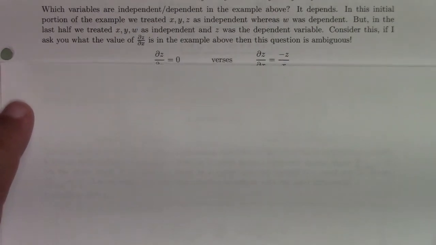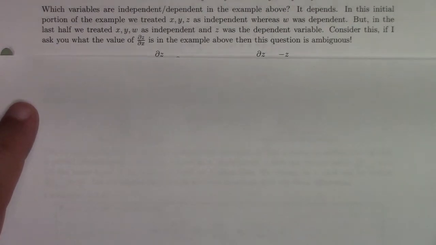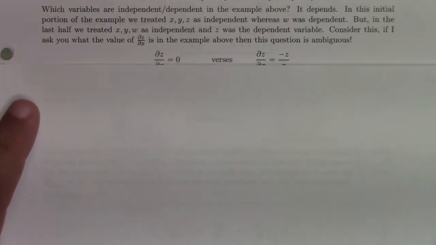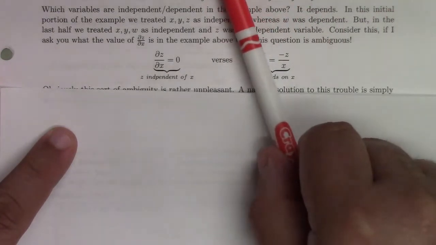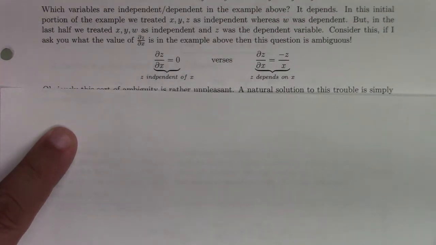So check this out. If we ask what is the value of partial z, partial x in the above example, it's ambiguous, right? In the first part of the example, when I first had dw is y dx plus x dz plus, let me say it this way.